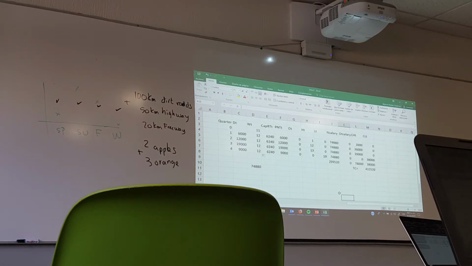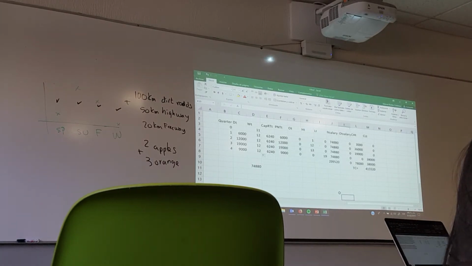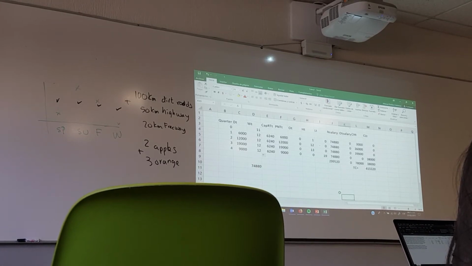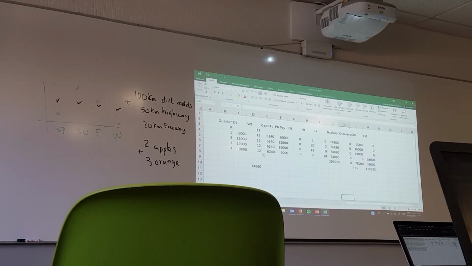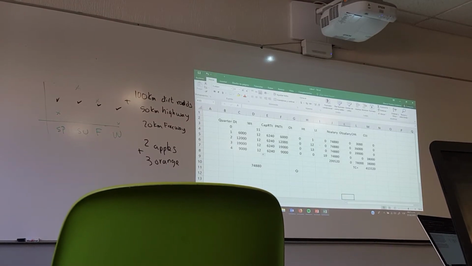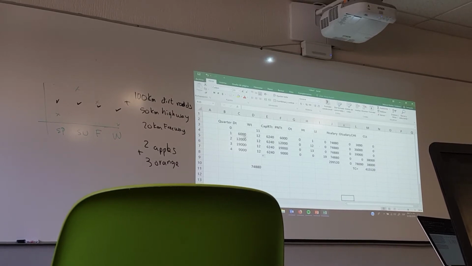Okay, so in this case, we need to find the level workforce plan using overtime. There can be no back orders. So how many workers do we need? We need to satisfy the demand. Look at this, this is the capacity. Are we satisfying that?